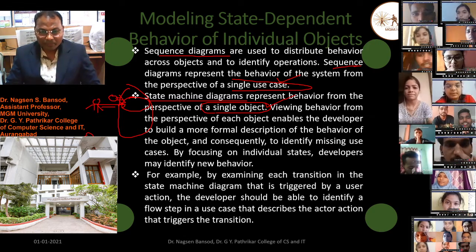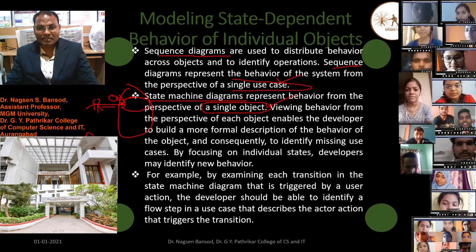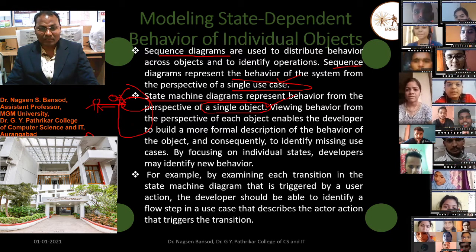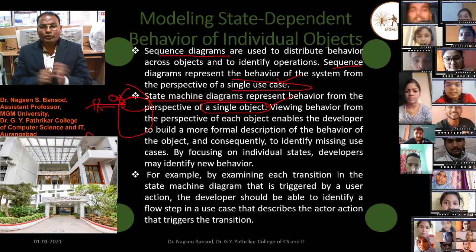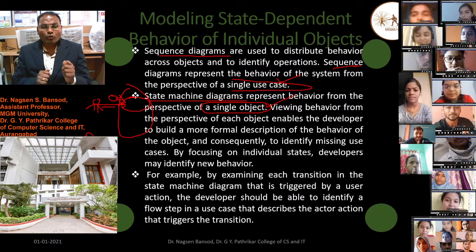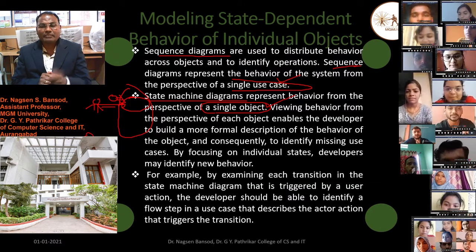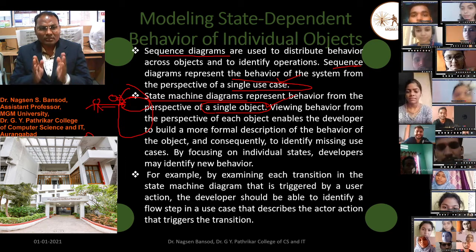For example, by examining each transition in the state machine diagram that is triggered by the user actions, the developer should be able to identify flow steps in a use case that describe the actor's actions that trigger the transitions.